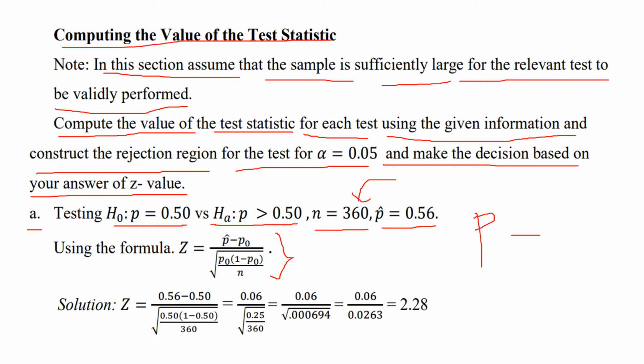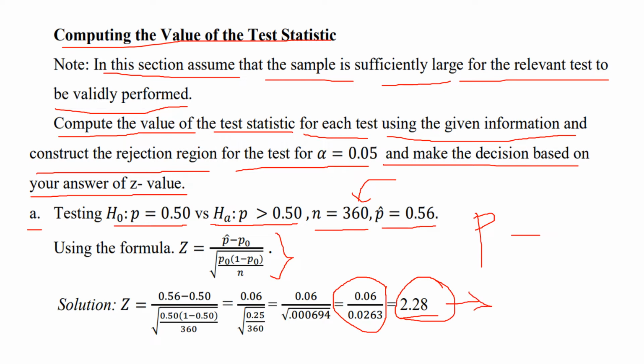So we just simply substitute the given values. As we simplify, that will be 0.06 all over 0.0263. Then our final answer will be equal to 2.28. So our computed value for Z is 2.28.